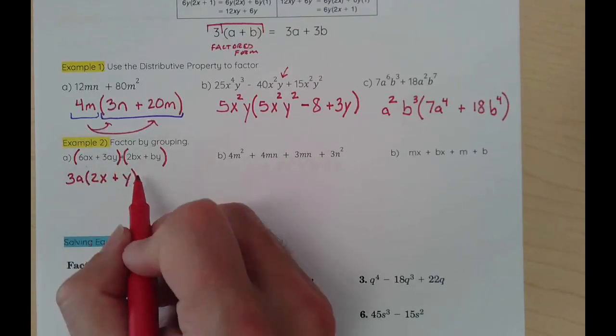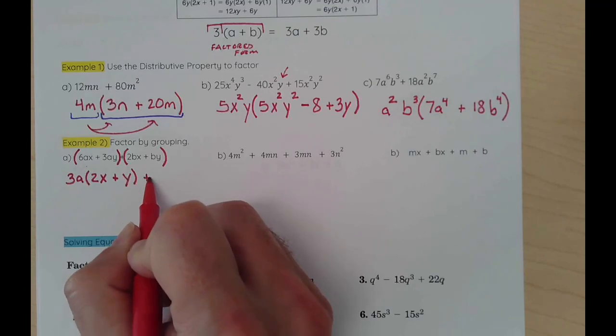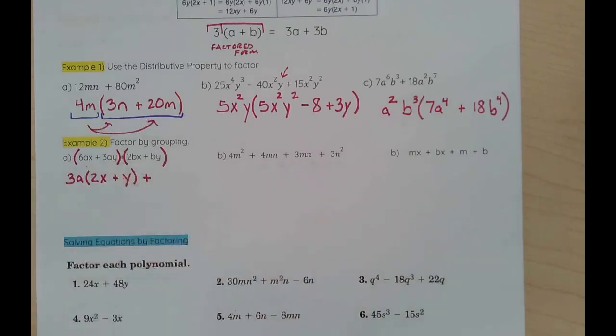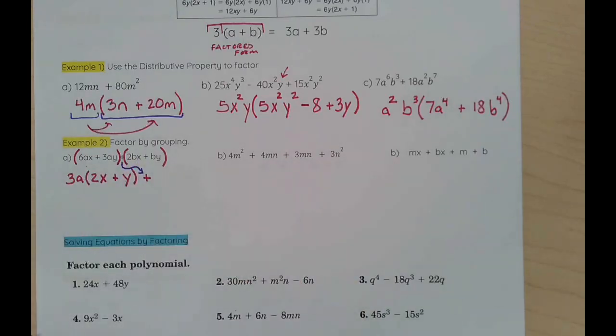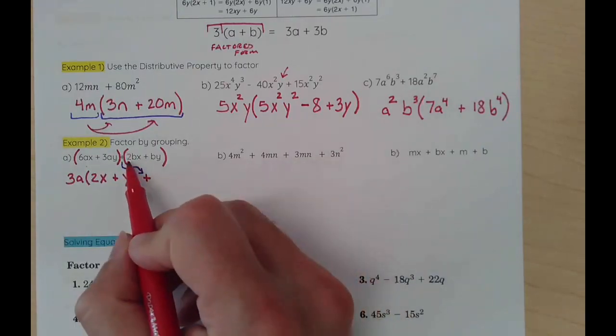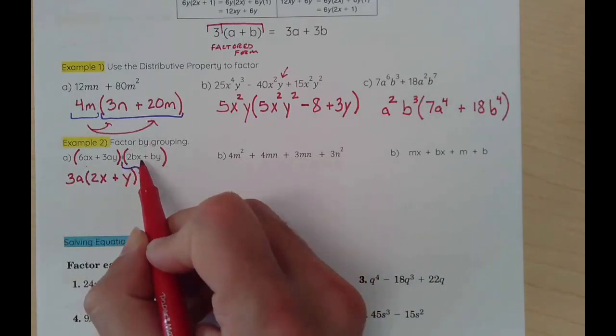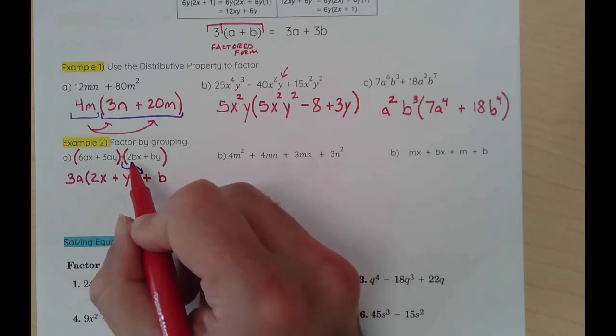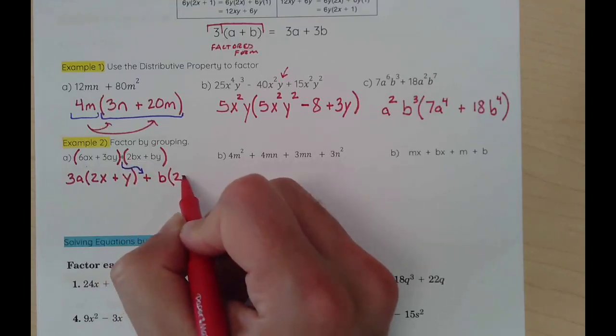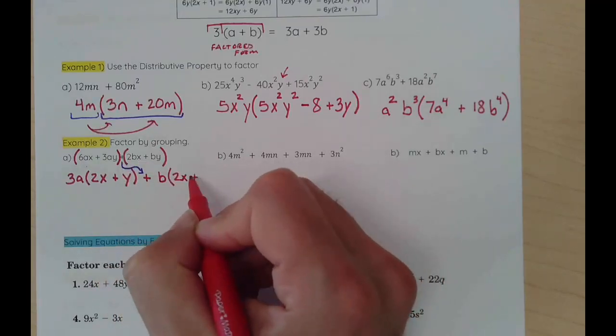I'm going to add, so this is from this plus sign. I'm going to look at the second grouping that I've created, and from there I can pull out b. So b times 2x plus b times y.